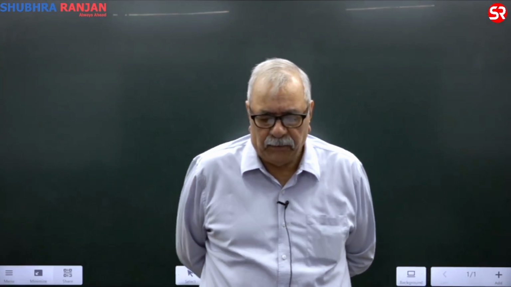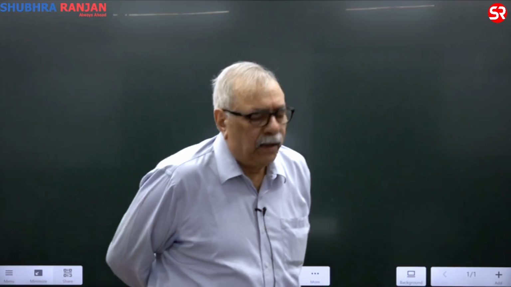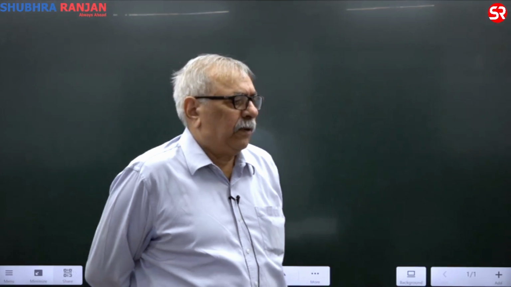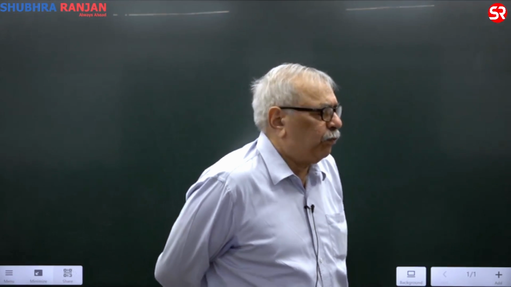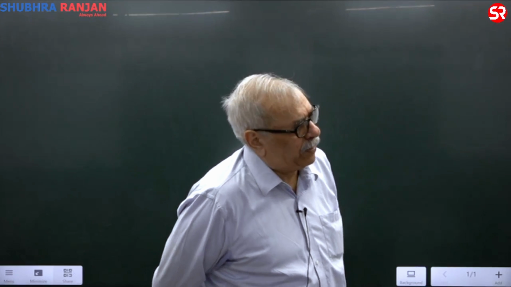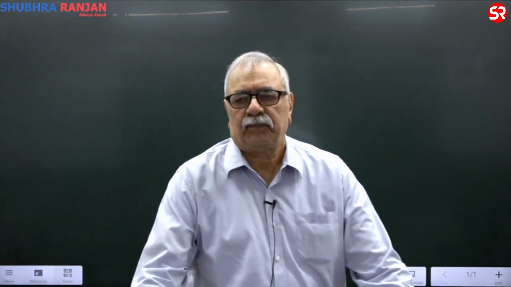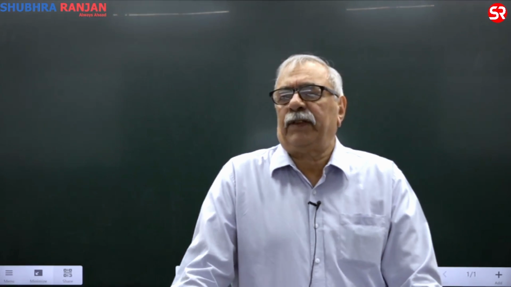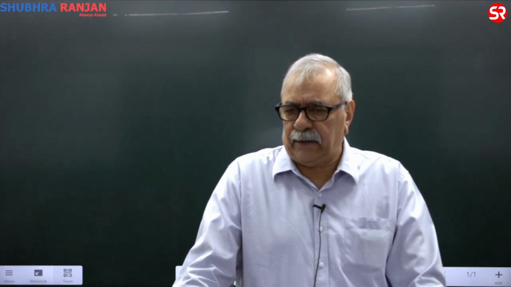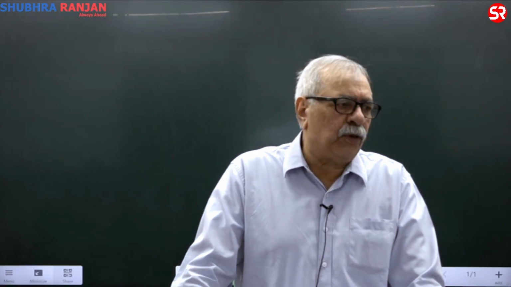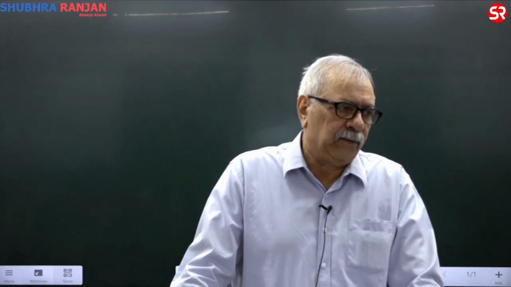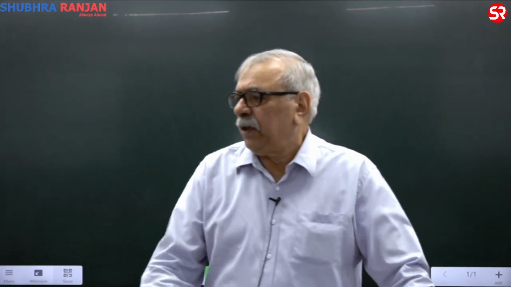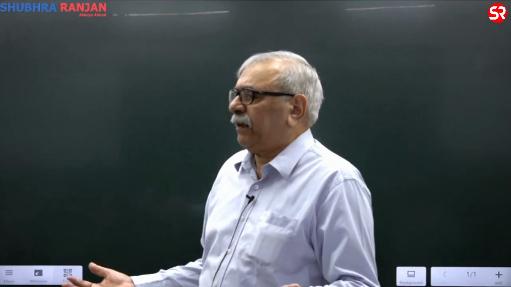For example, Newcomb talks about positive reference group and negative reference group. Positive reference group means those whom we admire. Negative reference group means those whom we dislike. Now, this is a universal fact.